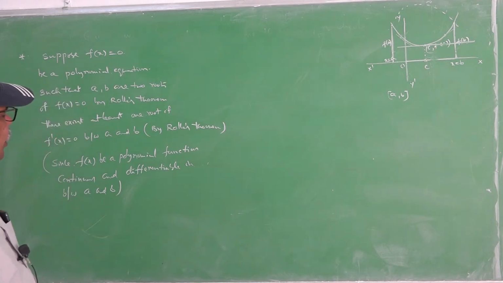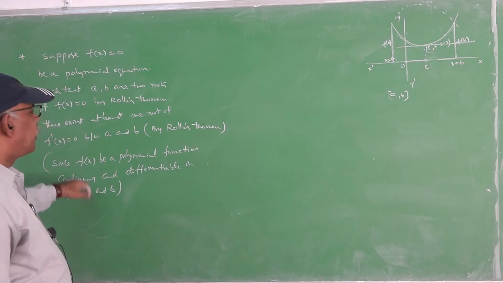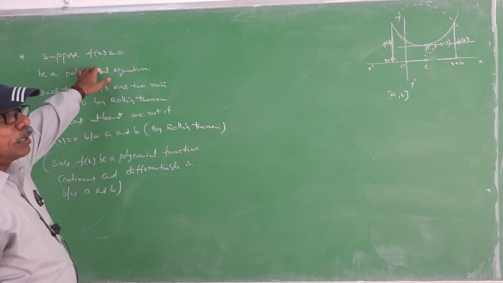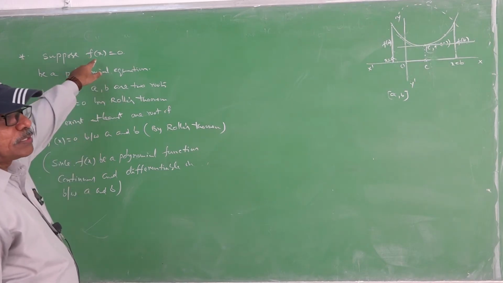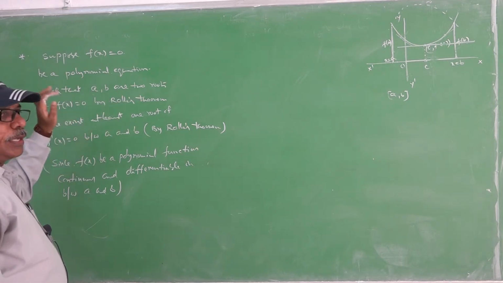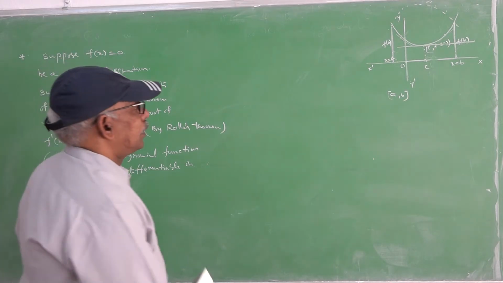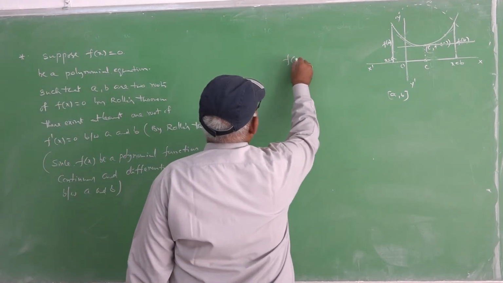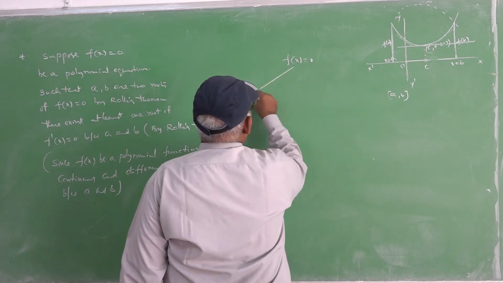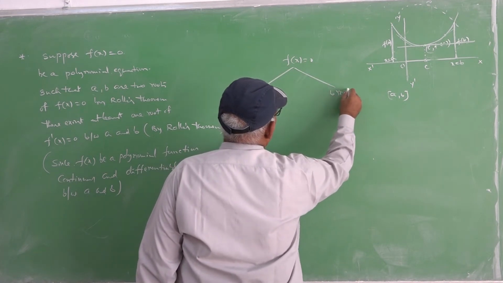So, therefore, Rolle's theorem is certainly applicable to such polynomial equations, provided a and b are the two roots of f x equal to 0. Certainly, there exists a root of the equation f dash x equal to 0 in between the roots of f x equal to 0. That means f x equal to 0 has roots a and b. a is a root and b is a root.